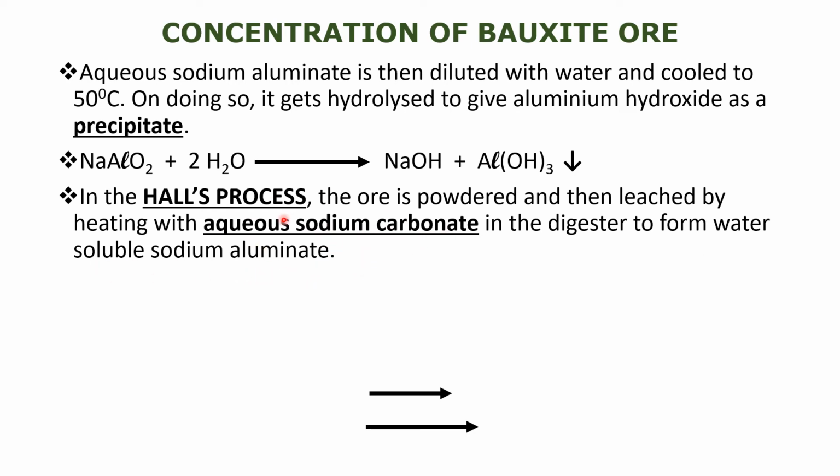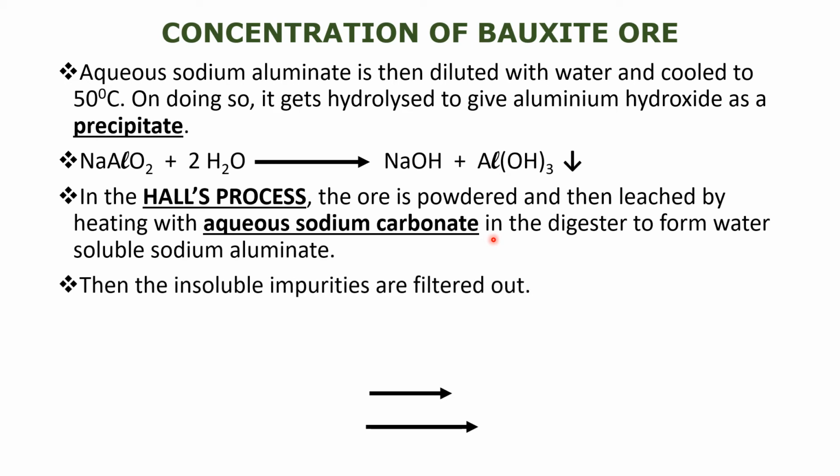In other words, the aluminum oxide reacts with sodium carbonate and forms sodium aluminate, and this sodium aluminate gets dissolved in the solution. Then as usual, as I told you, the iron oxide and those impurities which are there are filtered out.